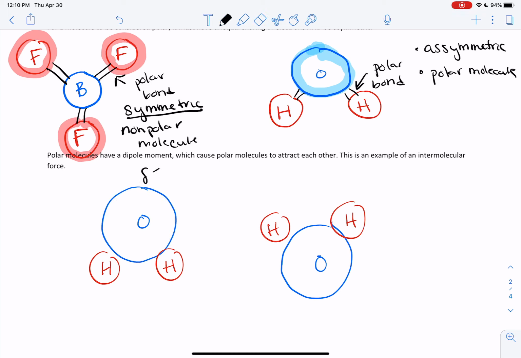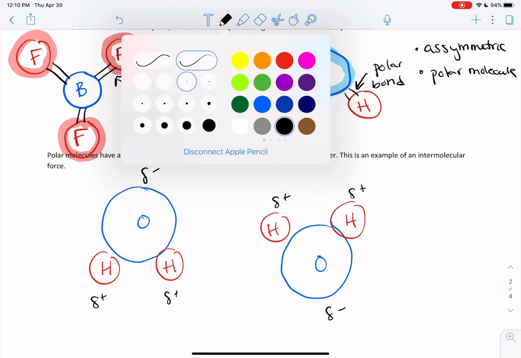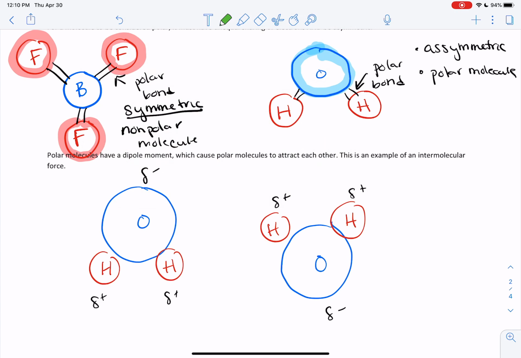Because the electrons are closer to the oxygen, and the hydrogens have a partial positive. We also know that positives and negatives attract. So this oxygen end of one water molecule is going to attract to the hydrogen end of another water molecule. And this forms an intermolecular force.